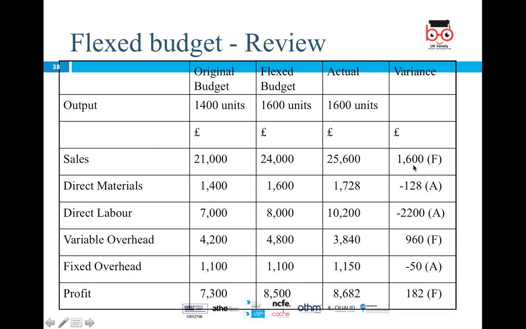And this is a variance. If we convert it into percentage, I think it's 10%, or I think it's 15% if we calculate the variance of this unit. So if we set the tolerance here, then we will take the adverse or favorable, and then we will take the action required.